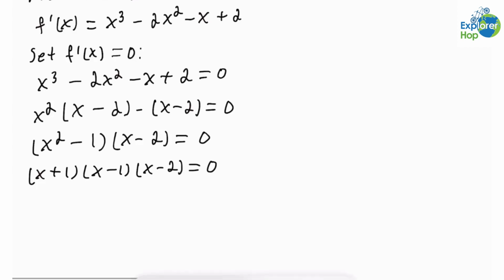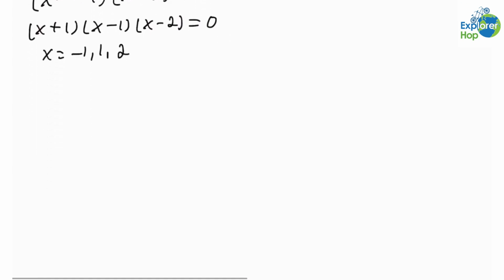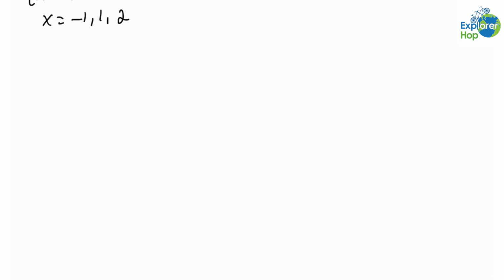So x is equal to negative 1, 1, and 2. So in the interval from negative 1 to 2, the critical points occur at x equals negative 1, 1, and 2.